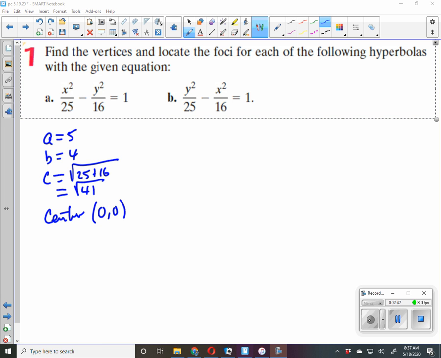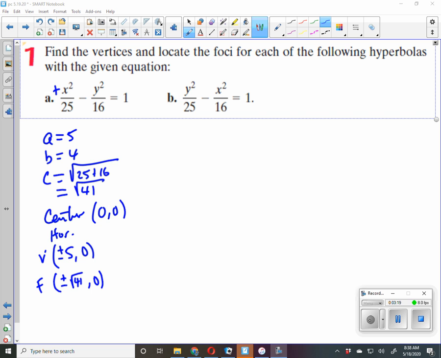And I should say that because the x is positive, this is a horizontal hyperbola, so therefore the vertices are going to go plus or minus 5 comma 0. The foci are going to be plus or minus the square root of 41 comma 0.